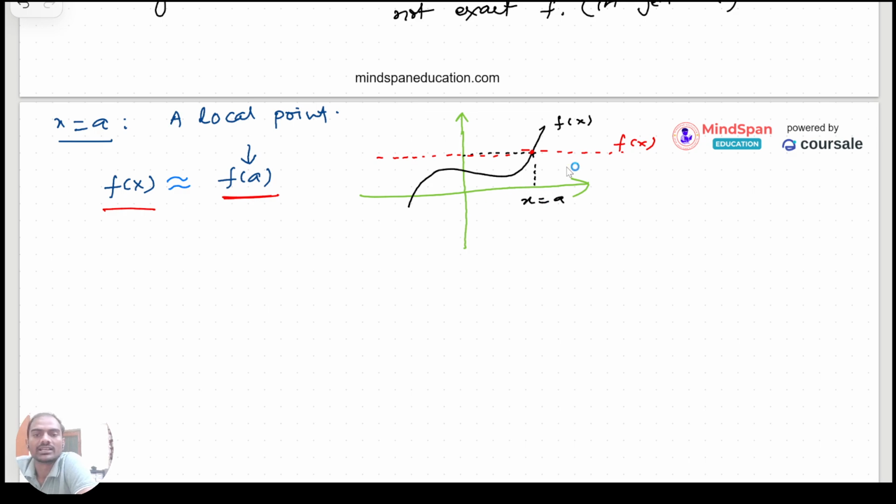Beyond x equal to a, if this function was not really constant, they differ very much. At x equal to b we have some value here, but the approximation will still give f(a). So the error term is very high.